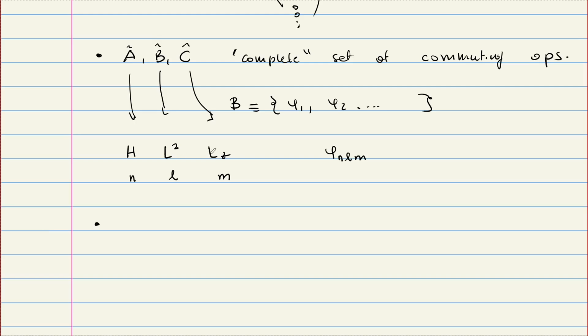H, L squared, and L_z commute with each other, and actually there is one more operator you can put in this set, called the Runge-Lenz vector, and that explains why the spectrum of hydrogen is degenerate. But even if you don't know that, we say this is the complete set, and that's it. We also say that we can form any operator with combinations of these operators.